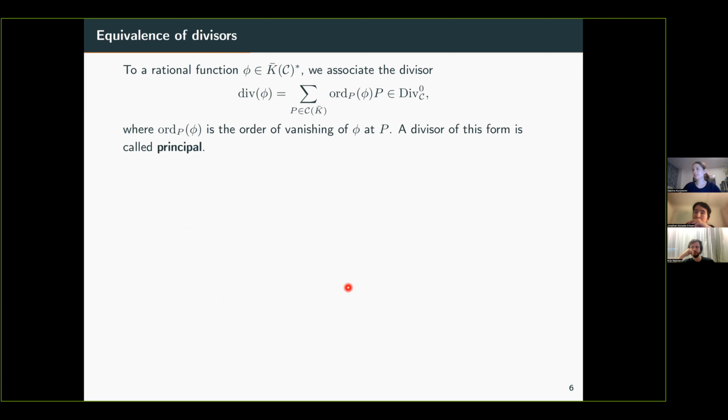But at the moment, this group structure doesn't seem to be very useful, because if we add 2 divisors, we just get a divisor with more points in its support. So what we really want to talk about is equivalence classes of divisors. And to introduce this, one has to consider divisors that are associated to rational functions.